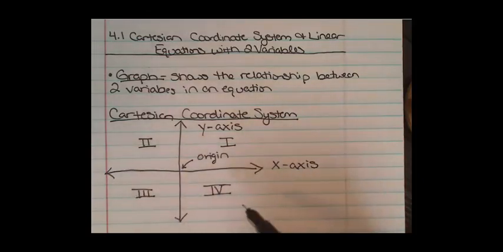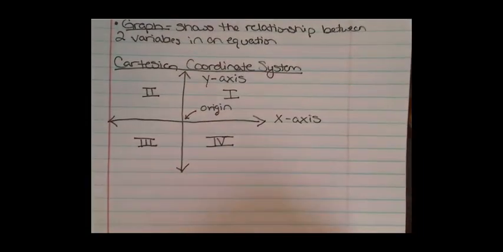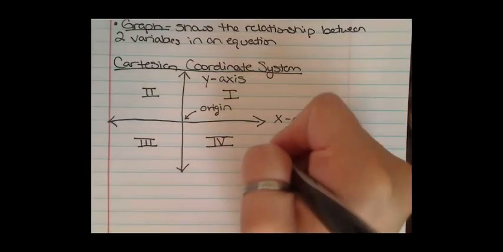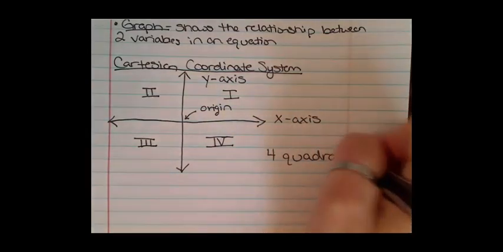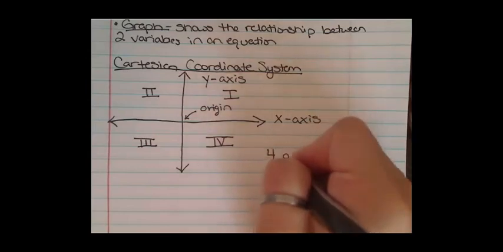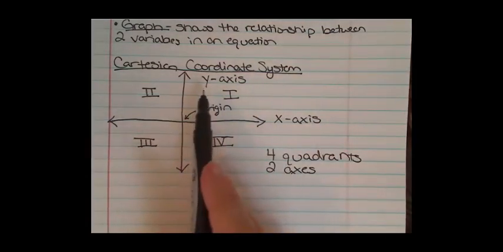When we're talking about the coordinate system, each point is going to have an x value and a y value. So there are 4 quadrants in the Cartesian coordinate system. There are 2 axes, the x-axis and the y-axis.